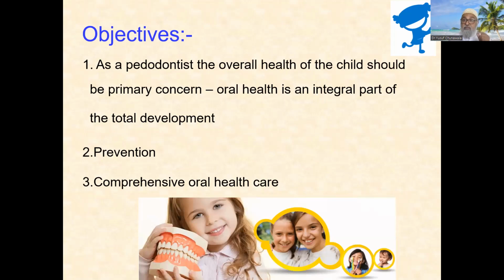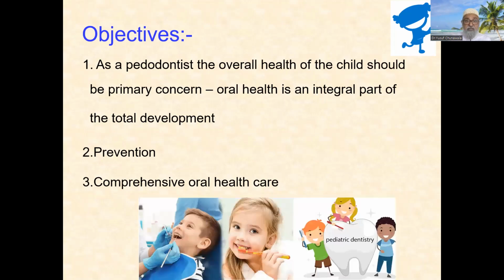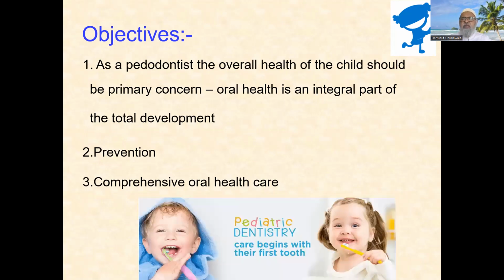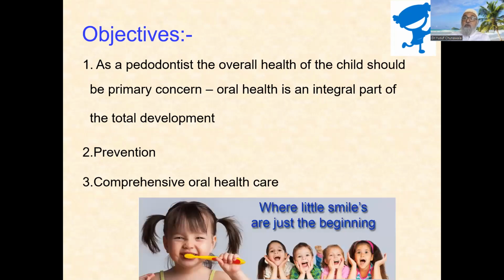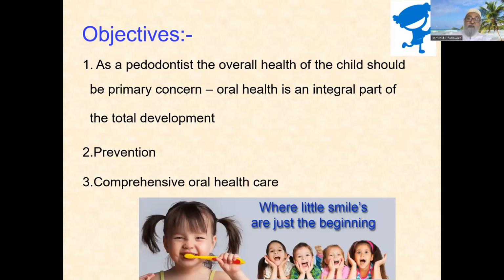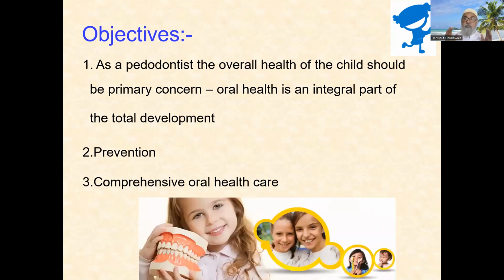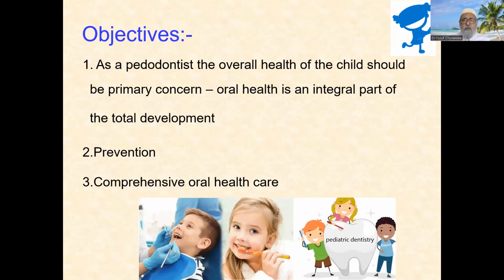The best part is that the preventive treatments, namely fluoride application and pit and fissure sealants, are very simple and painless. There is no discomfort. So if the child comes for that, there will not be much stress on the dentist or on the child. Your focus should be prevention because all the preventive procedures are very, very simple, nothing complicated at all.